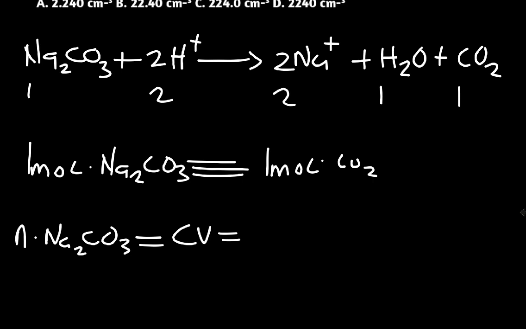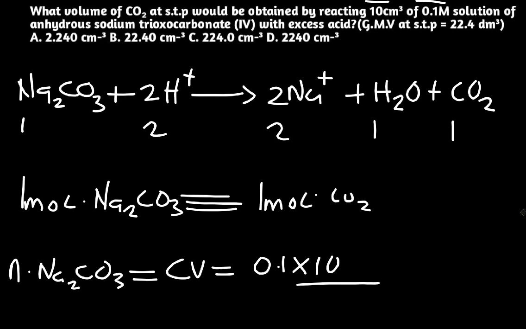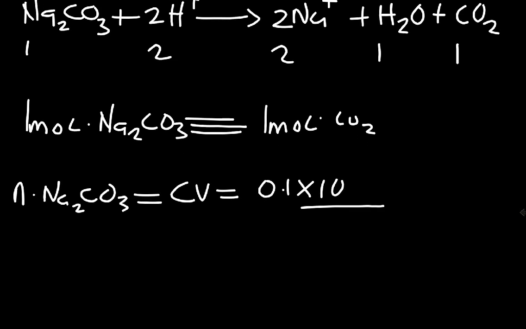In this case, our molar concentration was given to be 0.1, times 10, which was given, and the 10 here is in cm³, so I'm going to be dividing it by 1000. Since they put it in cm³, you divide by 1000.